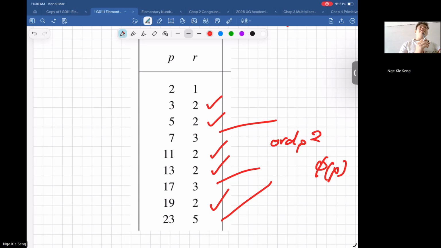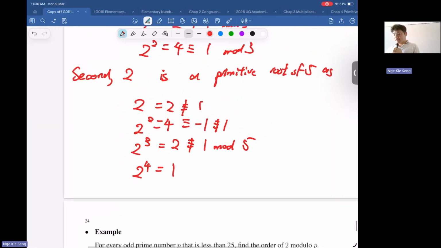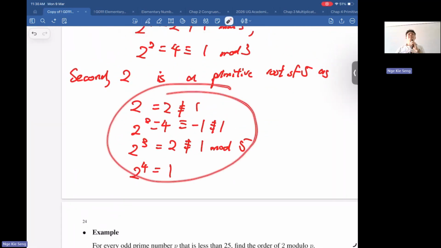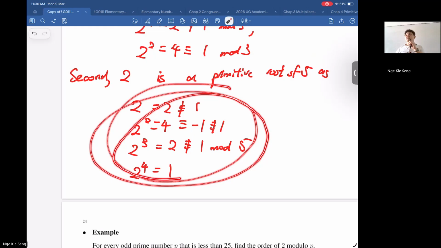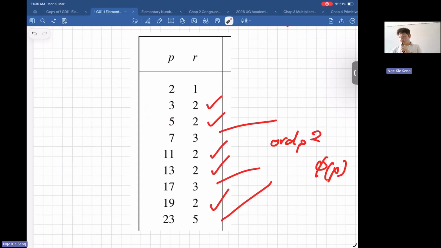If 2 is not a primitive root, what could happen? You go to 1 earlier. So the order of 2 should be strictly less than p minus 1.